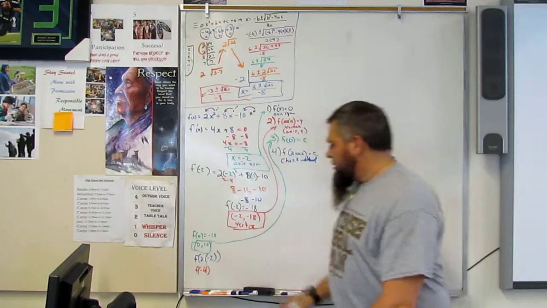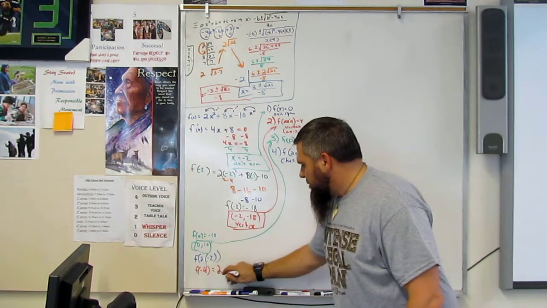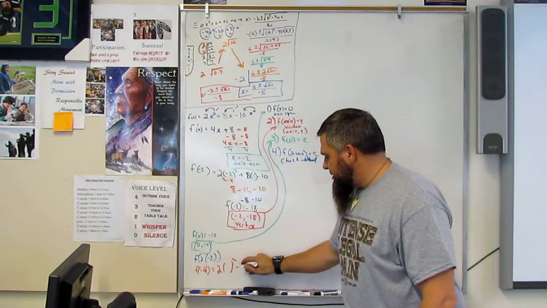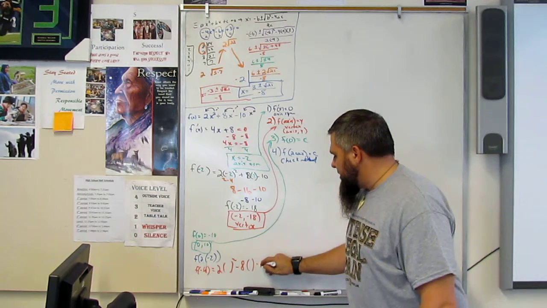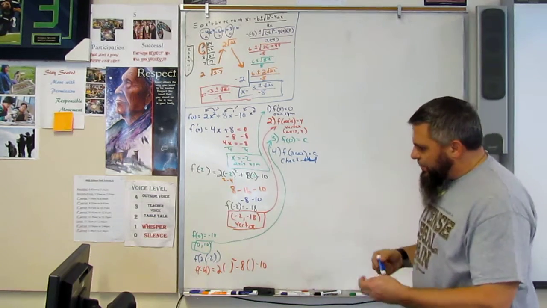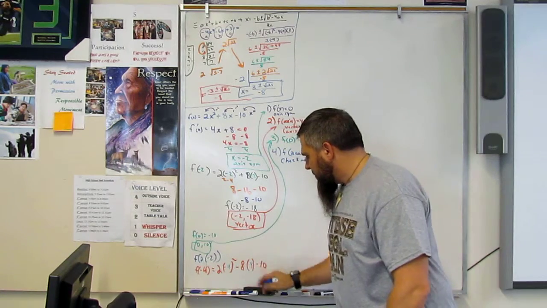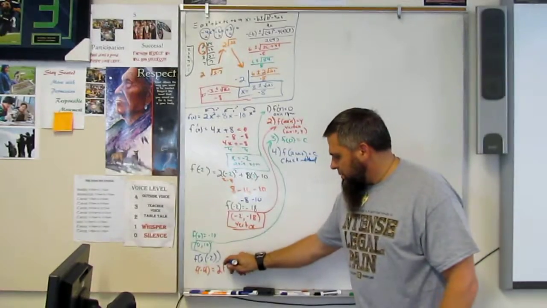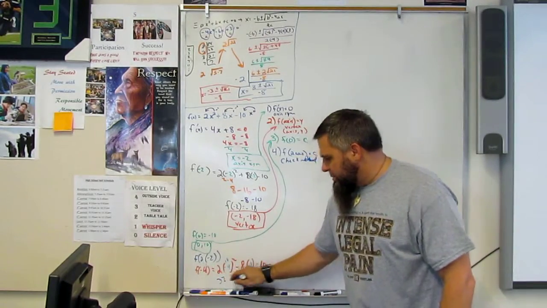And so what that equals is 2 times x squared minus 8x minus 10. Alright? And I'm plugging in negative 4. Negative 4 squared is 16. 16 times 2 is 32.